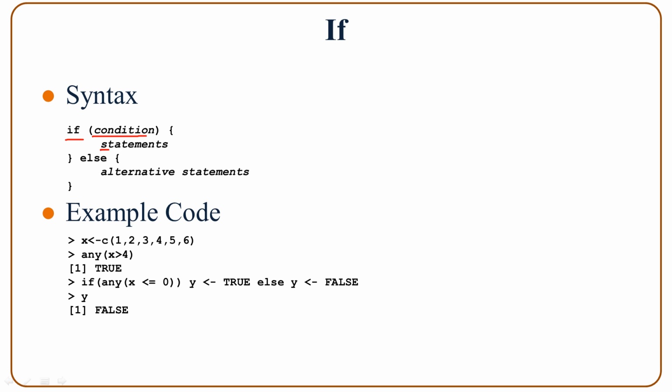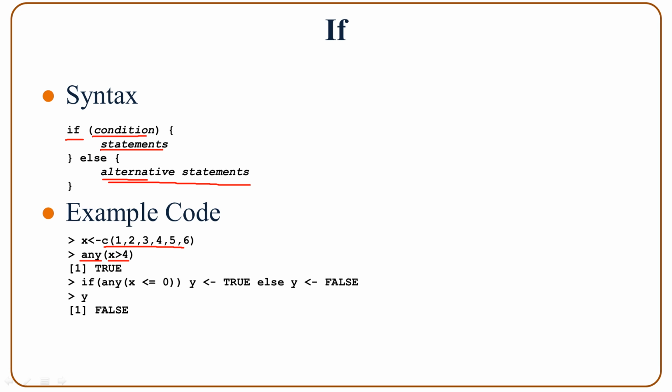You create a vector with 4 elements, and you call the function any on x greater than 4. You check if there is an element in x which is greater than 4, then it returns true. And then you enter an if structure.